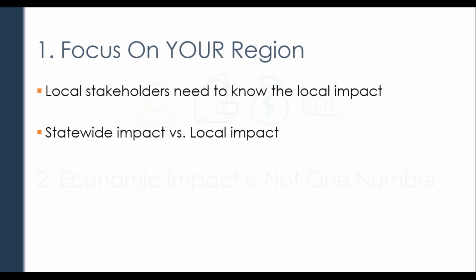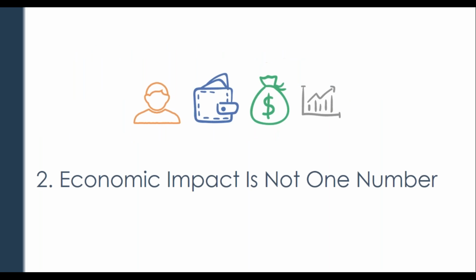And the next thing that we need to keep in mind as we think about these cost benefit reports, which typically include the economic impact as a component, is that economic impact is not just one number. Economic impact is actually going to be measured in 4 different ways.